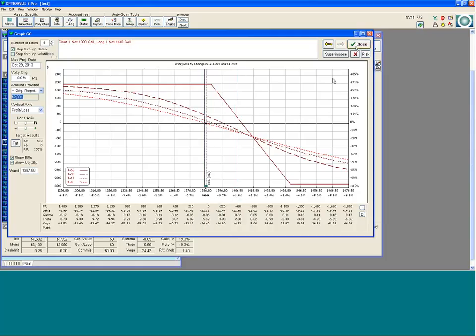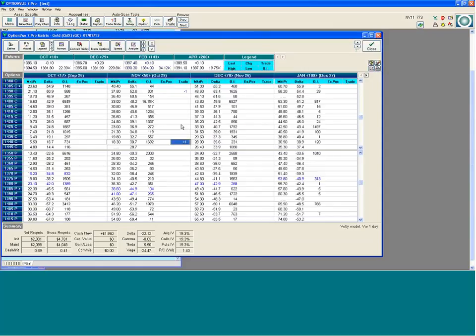So to make this a lower margin, less risk trade, you simply go out into a deferred month and do exactly the opposite.